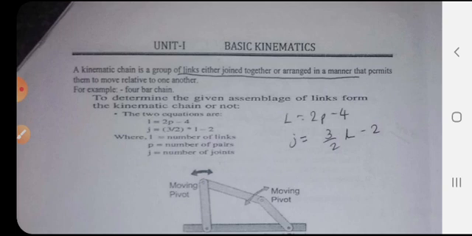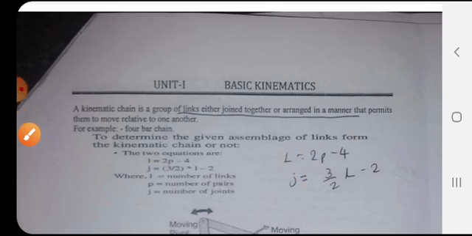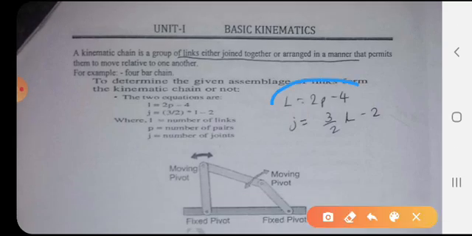If each link is assumed to form two pairs with the two adjacent links, then the relation between the number of pairs P forming a kinematic chain and the number of links L can be expressed as L = 2P - 4.